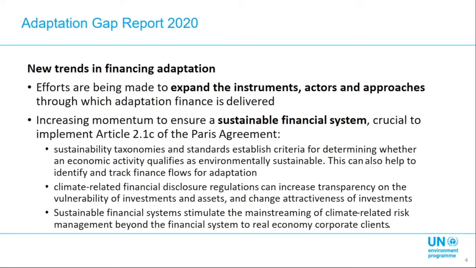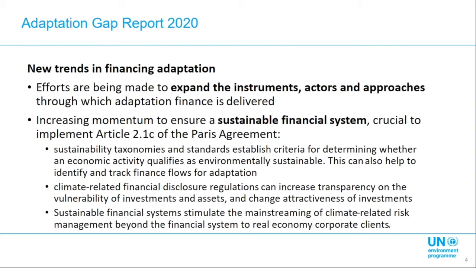Then there are a couple of interesting new trends that we can see in adaptation. So first of all, there are efforts being made by bilateral and multilateral climate finance providers to expand the number of and the types of instruments, actors, and approaches.